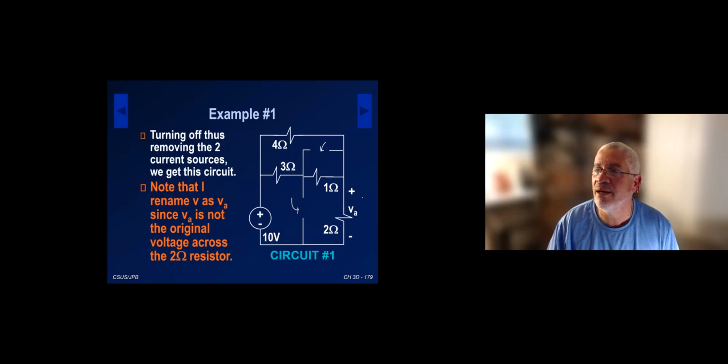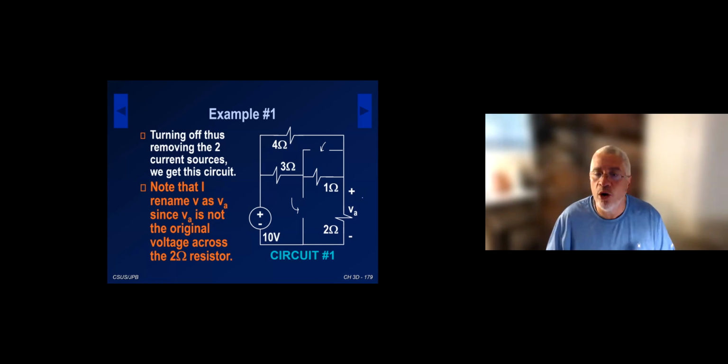This is why I caution students to not use superposition willy-nilly, because often you could multiply your work by 3 times. But I'm using this example just to show you how superposition is applied to circuit analysis.